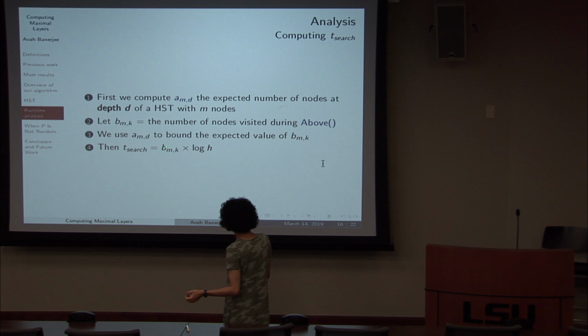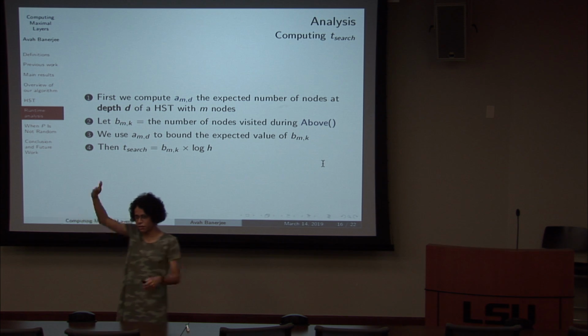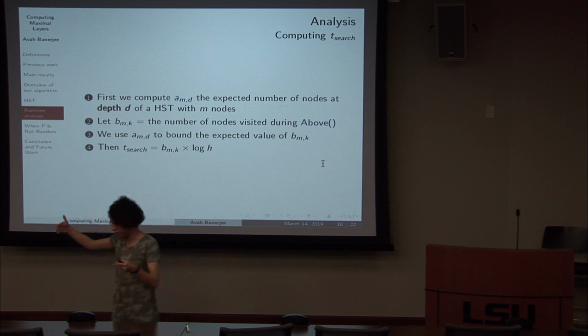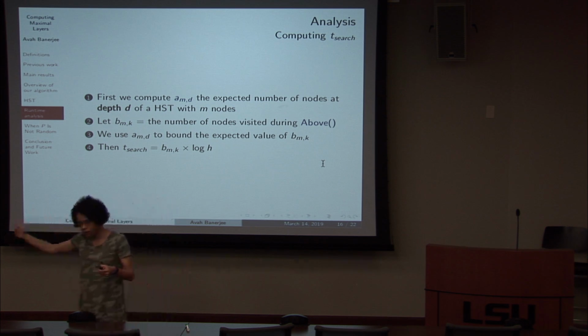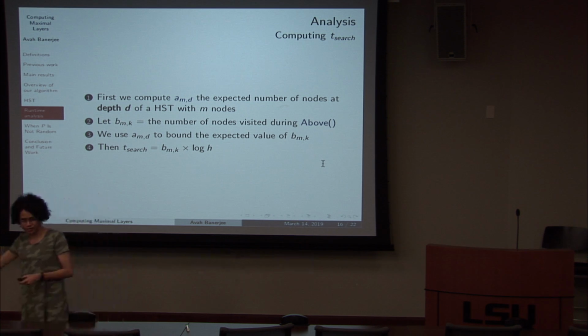So the search would then be BMK times log H, because the overall tree is a binary search tree, right? So you do that binary search traversal, which takes log of H, because the number of nodes would be H, because that's the number of layers.